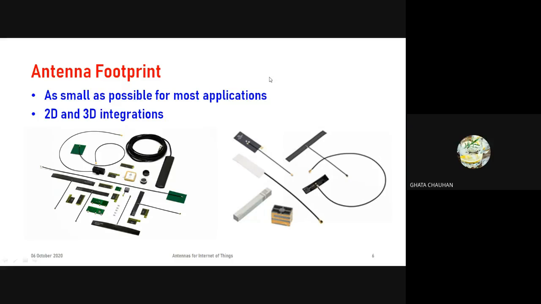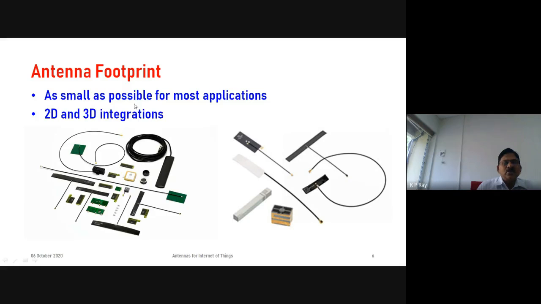You can see here a small metal patch antenna. You can consider this a sort of handheld dipole antenna, or you can have a loop antenna. These are some of the dipole antennas which are here. So these are the small footprints of antennas.